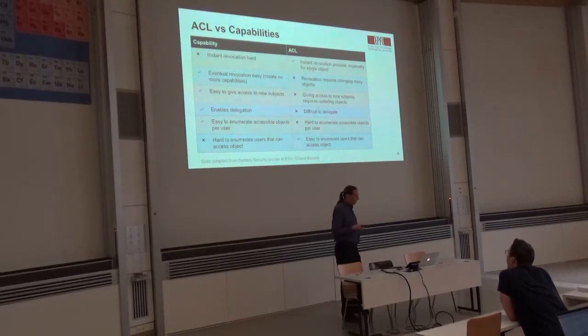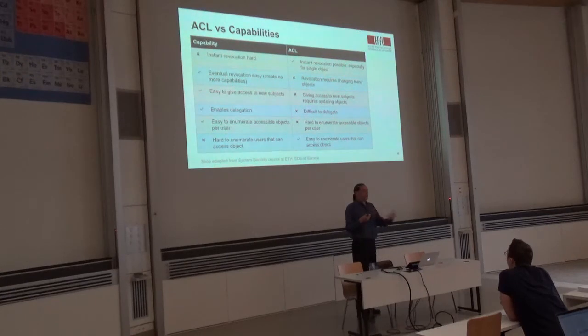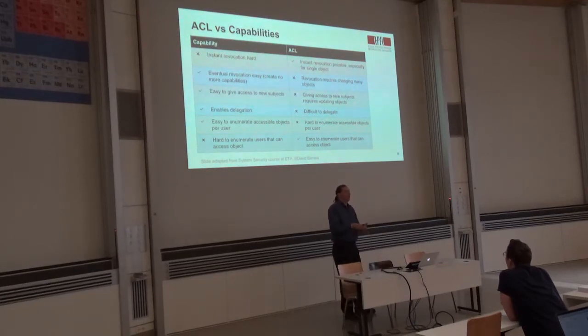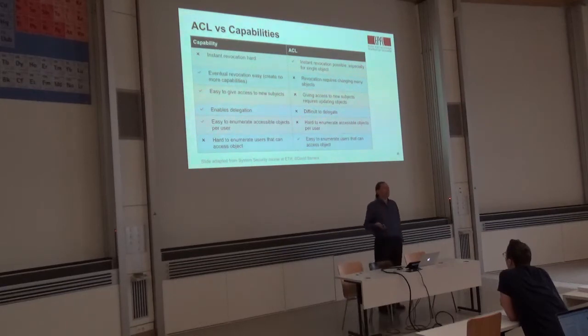For example, with access control lists, if you care about an object and want to revoke access or figure out who can access it, you just look at the access control list attached to it and edit it to revoke access. That's easy.